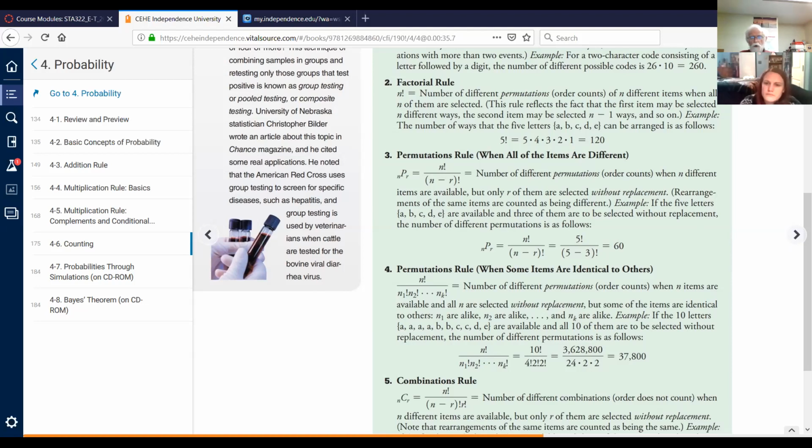You can also use scientific calculators, and I think our computer calculator has an n factorial button. Let's take a look. I happen to have my calculator. We don't have the n factorial.